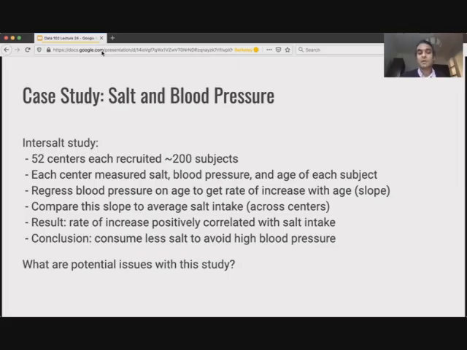And they compared the slope from this regression to the average salt intake, and they found a positive correlation. And their conclusion was, okay, if there's a positive correlation, the more salt, the faster your increase in blood pressure with age. So you should be consuming less salt to avoid high blood pressure. So I want you to take a couple minutes and think about what could have gone wrong with this study, and we'll go over it a little more during discussion.